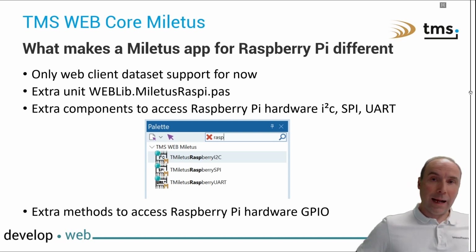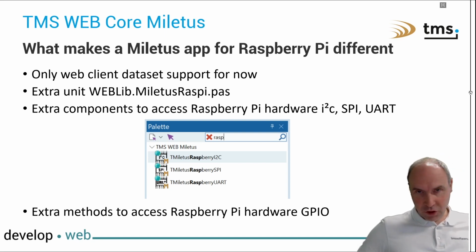So to allow you to take advantage of these extensions, we have introduced an extra unit in Miletus, which is the weblib.miletusraspi.pas. And via this unit, extra components become available specifically for the Raspberry Pi that allow you to access different hardware that you can connect to it.